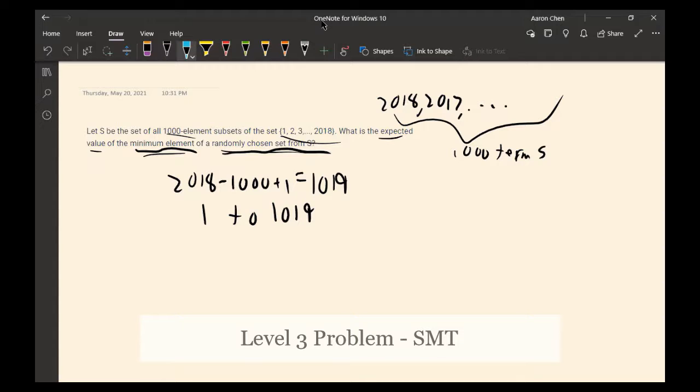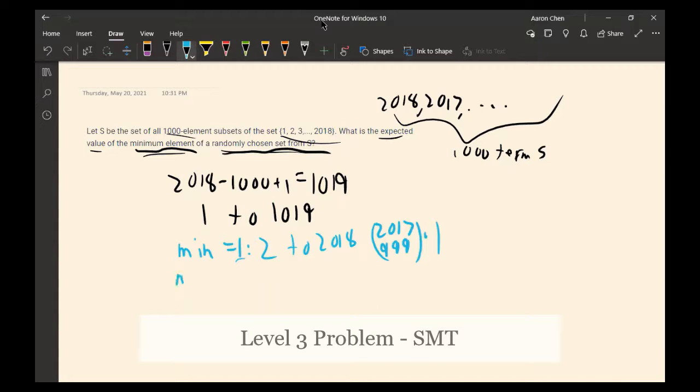Okay, and so now if the minimum is equal to 1, then the remaining 999 elements can be chosen from 2 to 2018. So any 999 of these can be chosen. And so this is a total of 2017 choose 999 ways to do this. And the total contribution to the expected value here is just multiplied by 1, because the value of the minimum here is just 1.